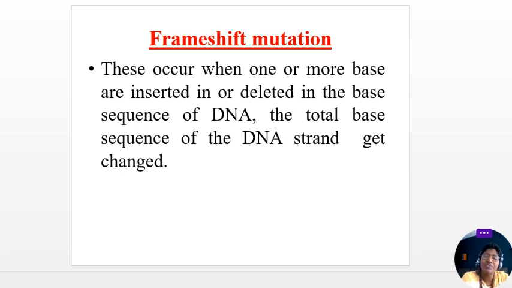This is the difference between point mutation and frame shift mutation. In point mutation, only the particular codon, that particular amino acid, will be changed, whereas in frame shift mutation, from the codon where the mutation started onwards, the remaining sequence of amino acids will all be changed.